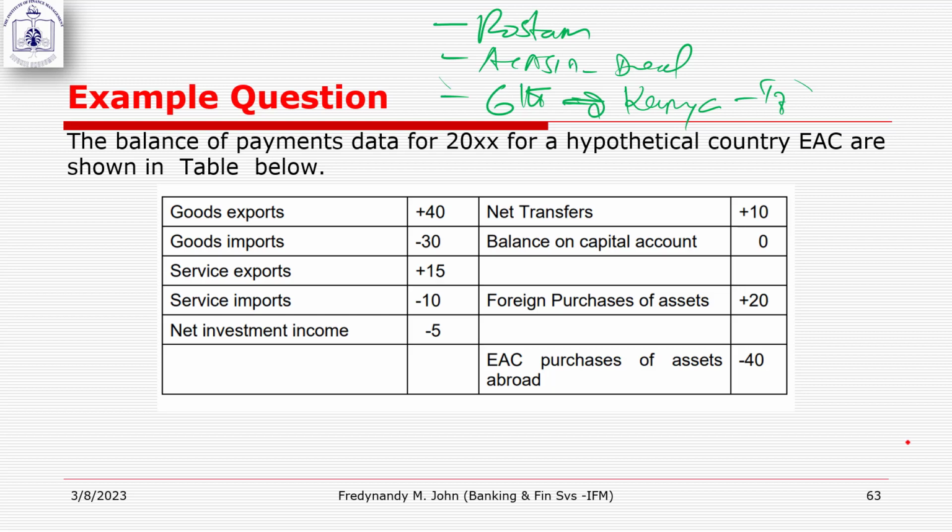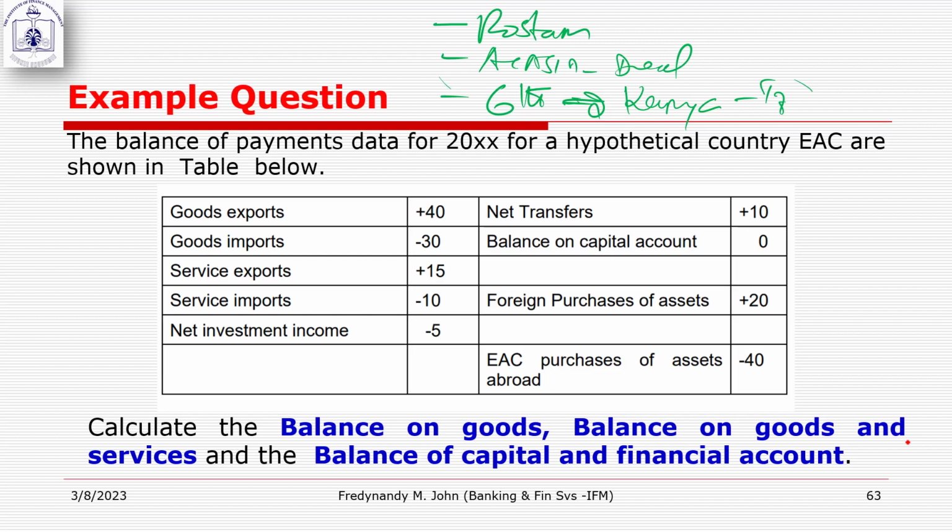Goods exports 40, imports of goods 30, services exports 15, imports of services 10, net investment income 5, net transfers 10, balance on a capital account 0, foreign purchases of assets 20, and the country's purchases of assets abroad 40.